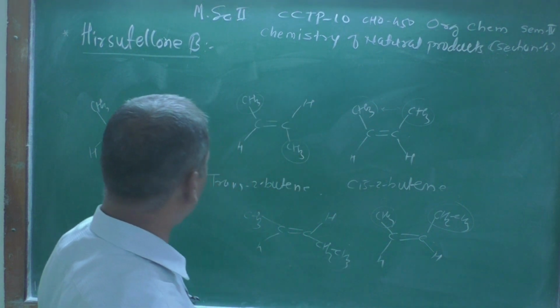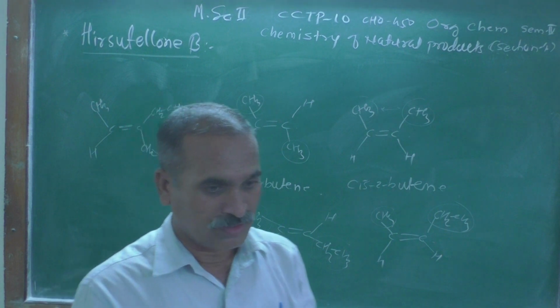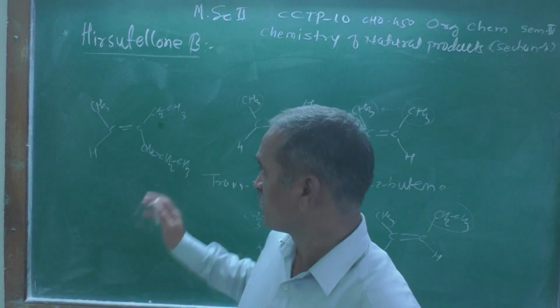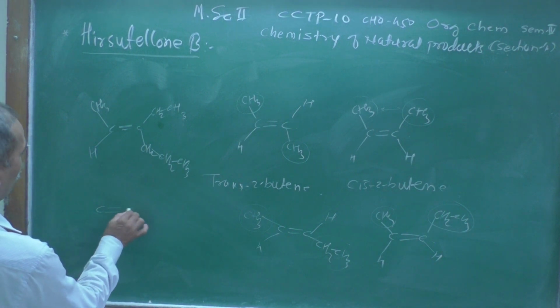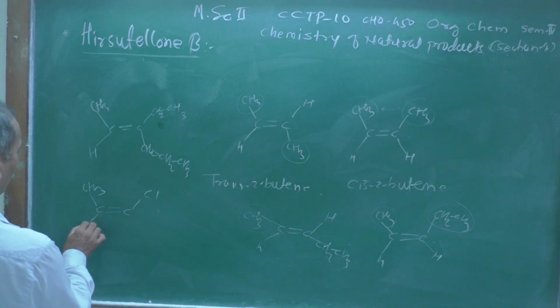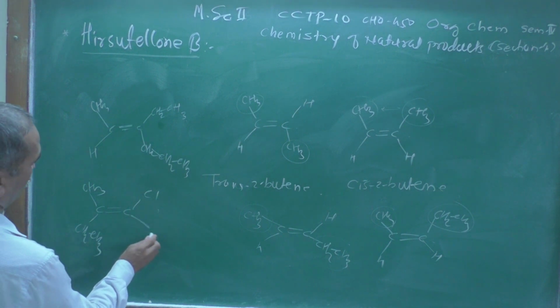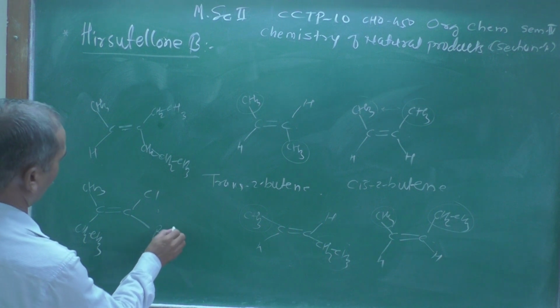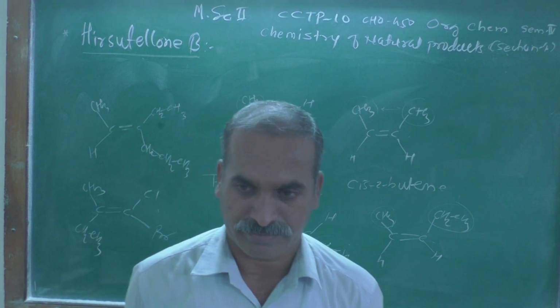If the molecule is such a complex molecule, if this type of compound, we cannot identify whether cis or trans. Suppose here CH3, here chlorine, here may be a CH2, CH3, here may be a Br something. Whether it is a cis or trans, how do you decide?